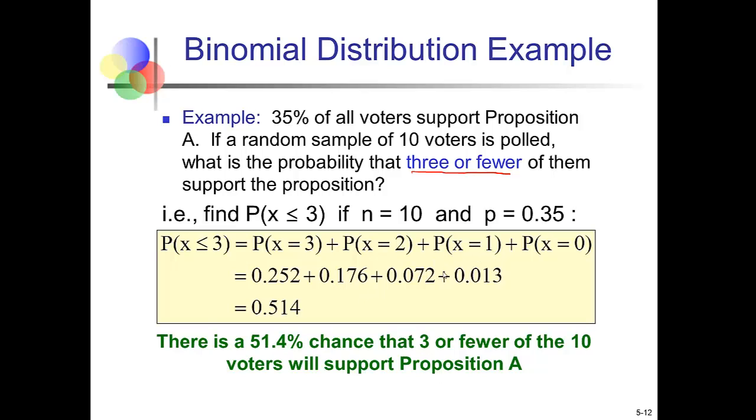The probability of 1 voter is 0.072, and the probability of no voters supporting the proposition is 0.013. If we add those all up, we get that there's a 51% chance that 3 or fewer voters will support Proposition A. Well, that makes pretty good sense, because in our population, 35% of the voters support Proposition A.